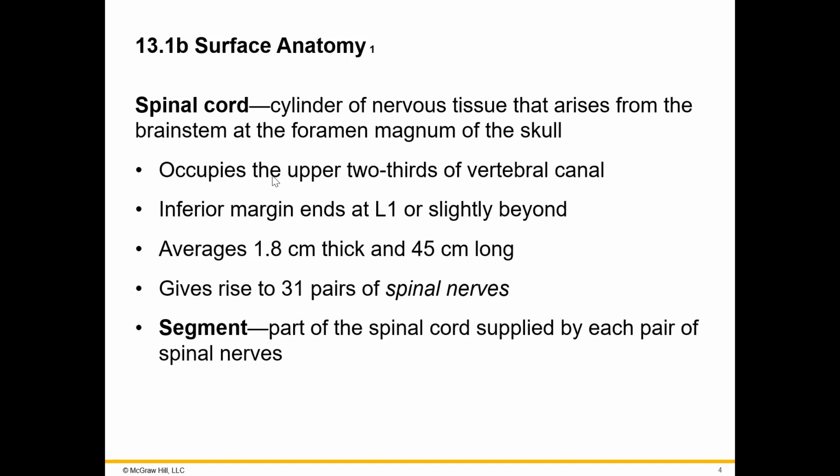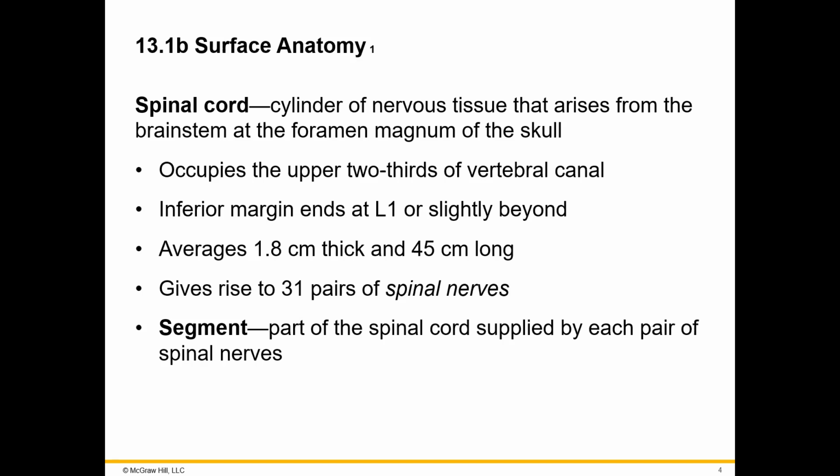What's interesting about the spinal cord is that it occupies 2/3 of the vertebral column. So there is no spinal cord tissue down in your sacrum and in your coccyx. It ends about lumbar 1. For younger children and the very young, the spinal cord descends down to level lumbar 3.